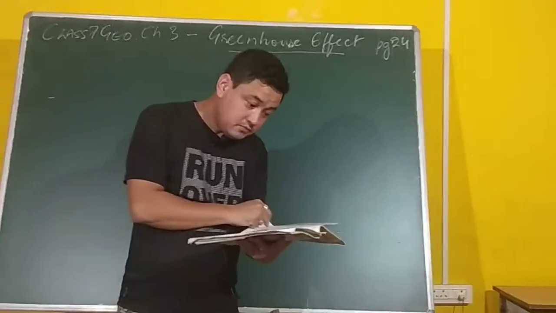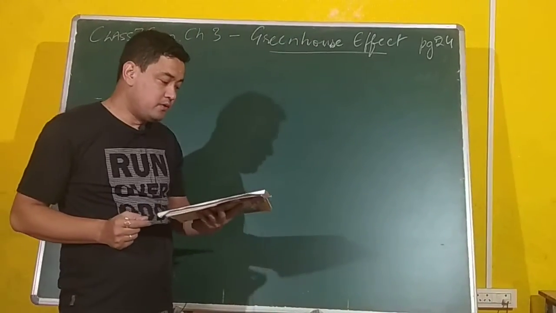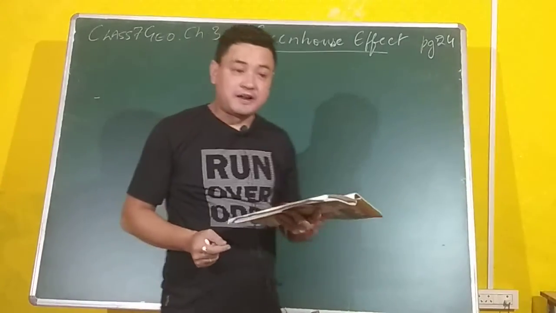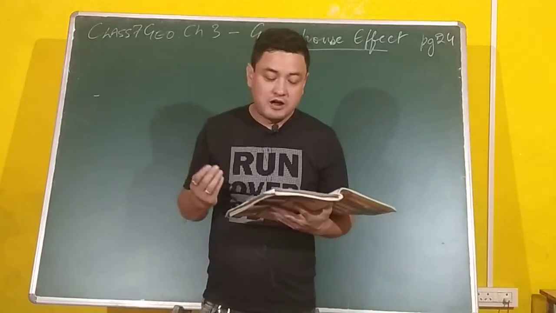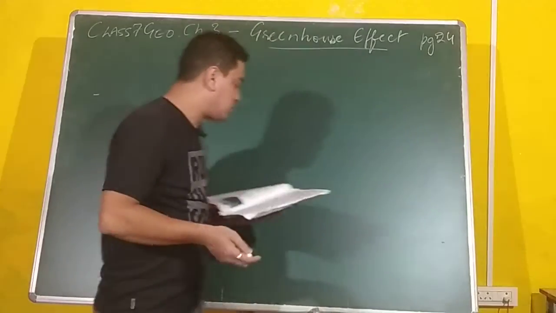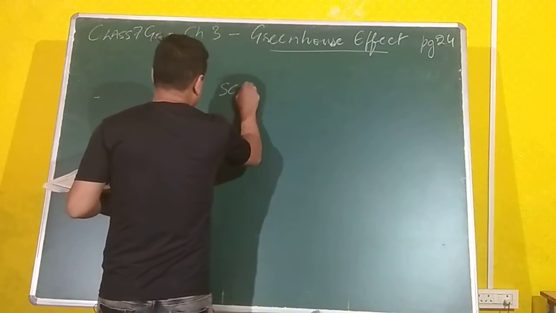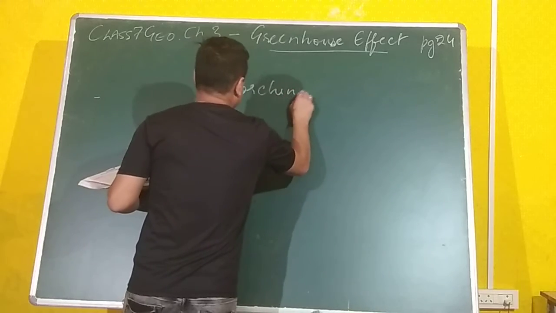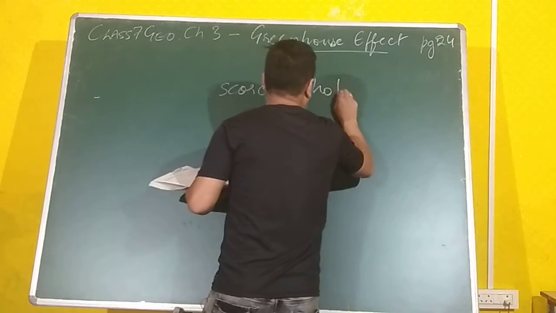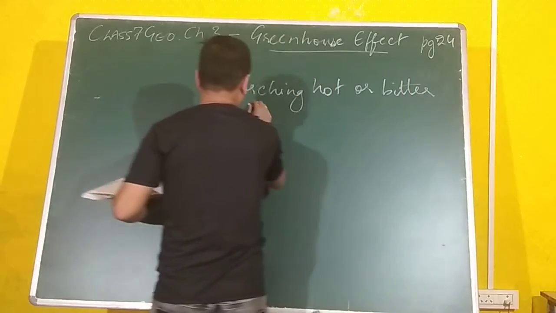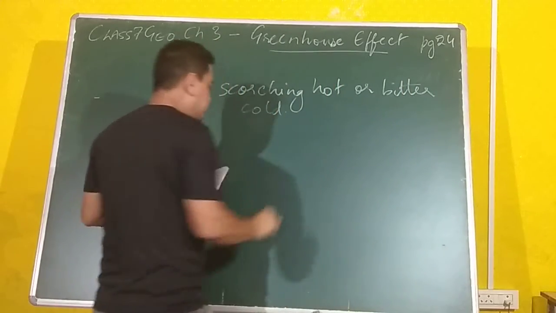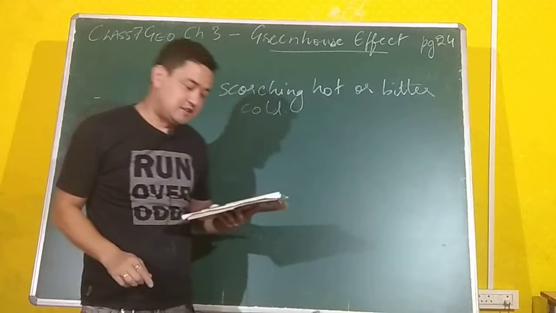Now, as you know, other planets in the solar system are either scorching hot or bitterly cold due to their distance from the sun.